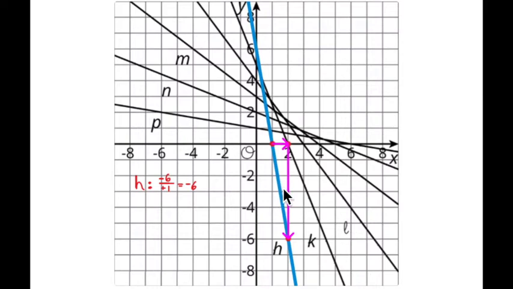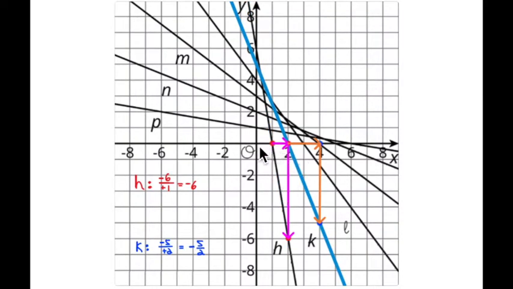Now, the next line crosses the x-axis at positive 2. So this is positive 2, 0. So it's 2 units along the x-axis, 0 units along the y-axis. So this is 2, 0. And what's the slope to go from this point to this point? So I'm just going down this line and I'm finding, where does this line intersect with the grid?